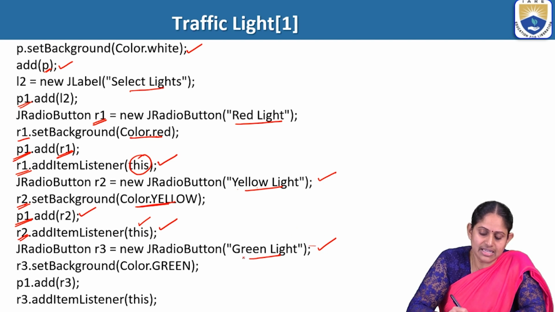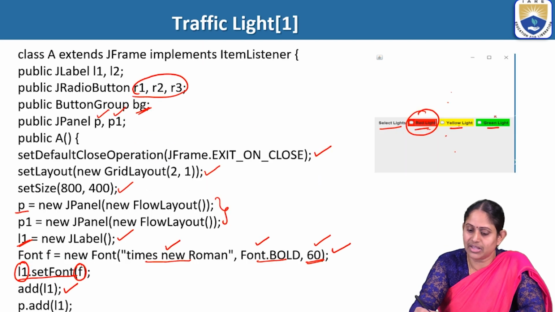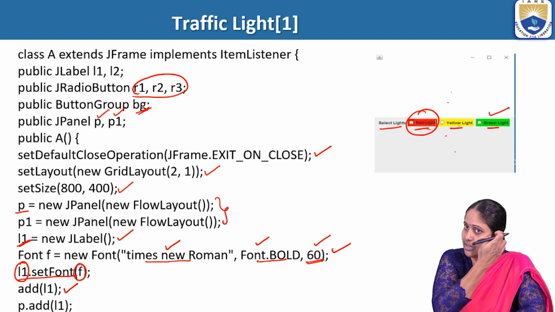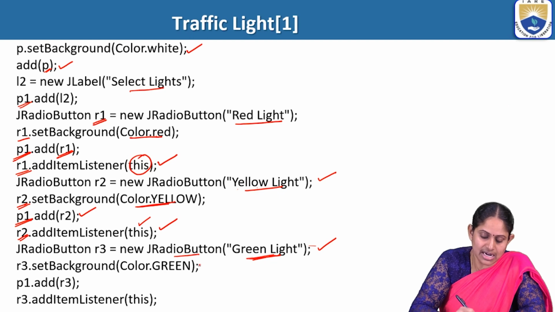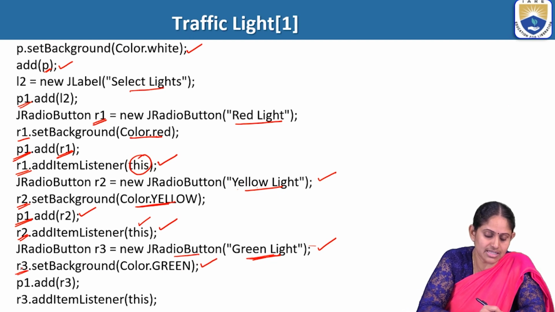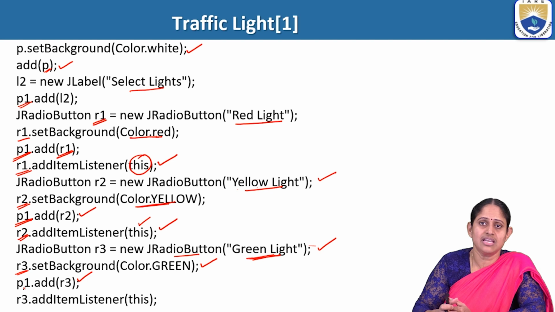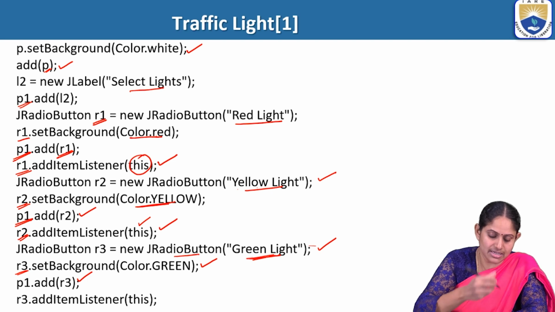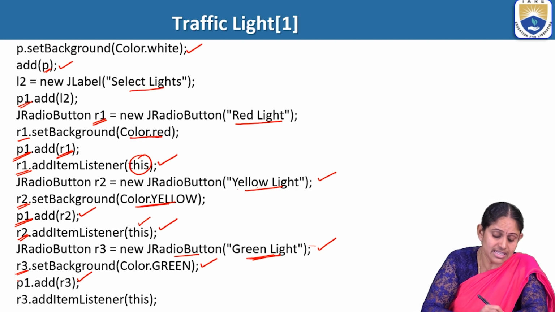Likewise, we are creating a radio button with green light. So we get the third radio button, and R3's background color is set to green, hence the color is green, and that radio button is also added onto this panel.